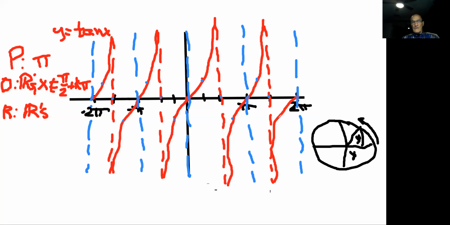See? So now if you look at what happens here, as the tangent curve goes up, the cotangent curve comes down. As the tangent curve comes down, the cotangent curve goes up. And as we come across here, as the tangent curve comes up, this one goes down, and it keeps going down like this.